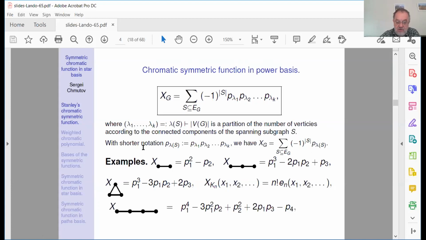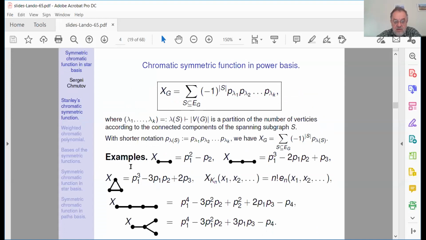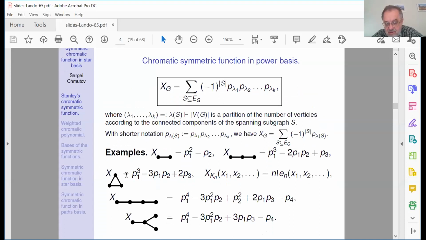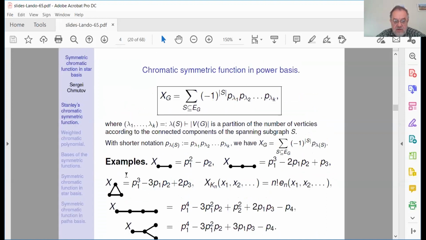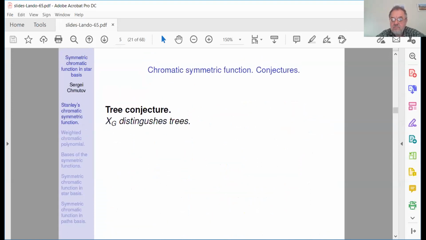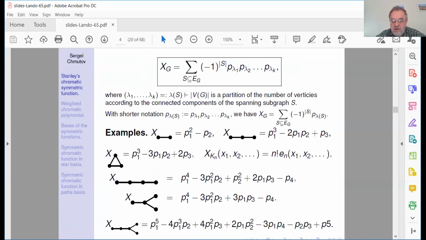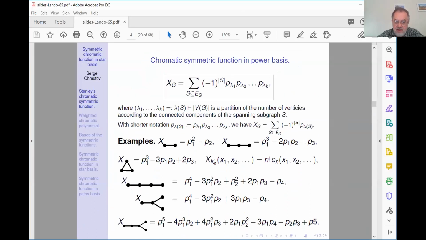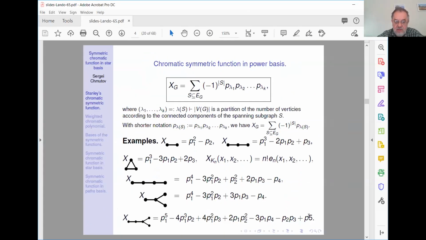So you have this one, and that is another example of a symmetric chromatic polynomial, which is again not difficult to figure out. And finally, I have that graph, and the chromatic symmetric polynomial is like that.